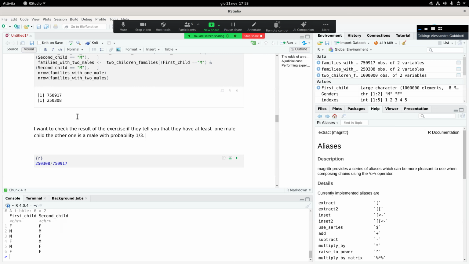So you can do the computations because this event has 3 elements in the sample space.